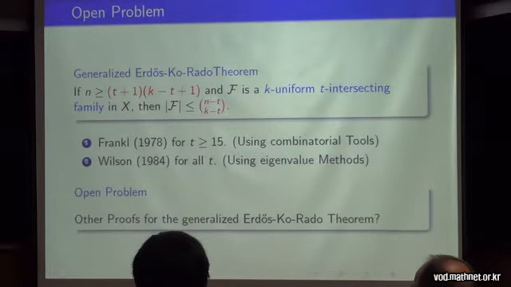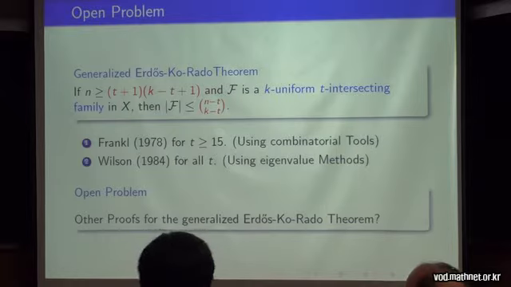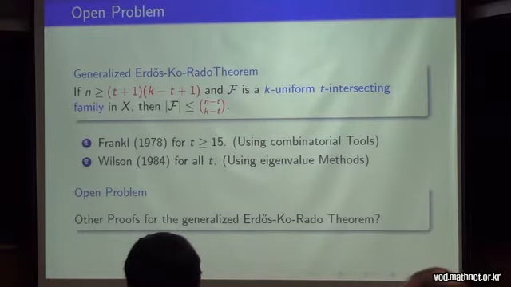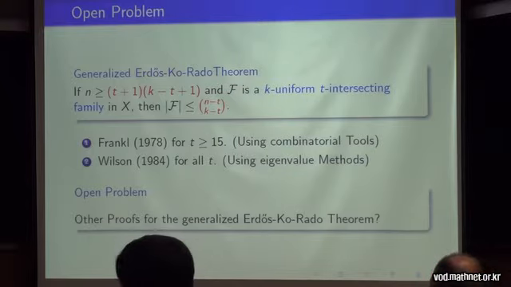I'm interested in the following open questions. As you know, for the Erdős-Ko-Rado theorem, there are a lot of methods to prove that theorem. Compared to this theorem, there is no other proof of the generalized Erdős-Ko-Rado theorem except for the Frankl-Wilson proof.